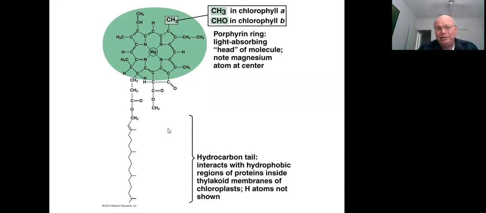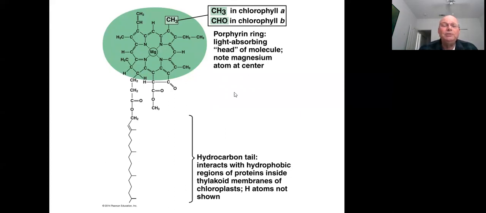So remember, hydrophobic wants to be with hydrophobic. We know that within the membrane, there is that large hydrophobic region as a consequence of the phospholipid bilayer. So this now provides us with an ability to anchor the chlorophylls into the thylakoid membranes to allow for the capture of light energy. It's a little bit more complicated than that, but that's basically where we're going with this.